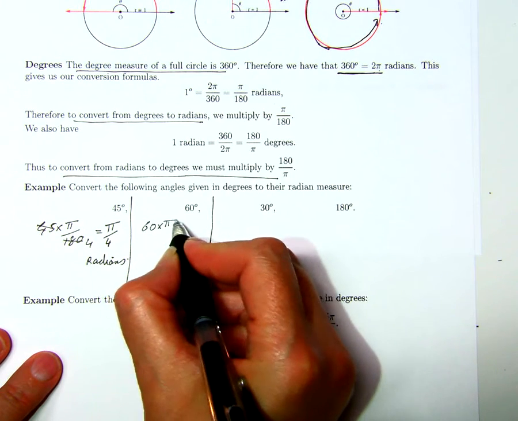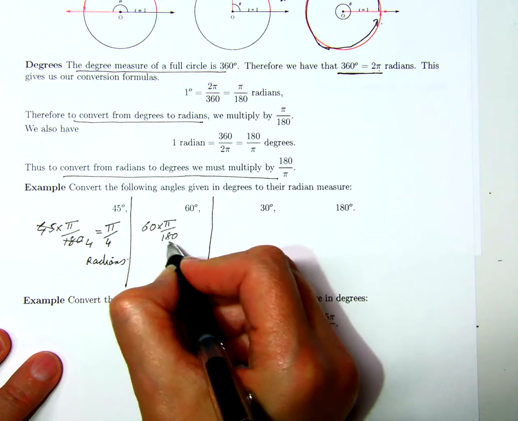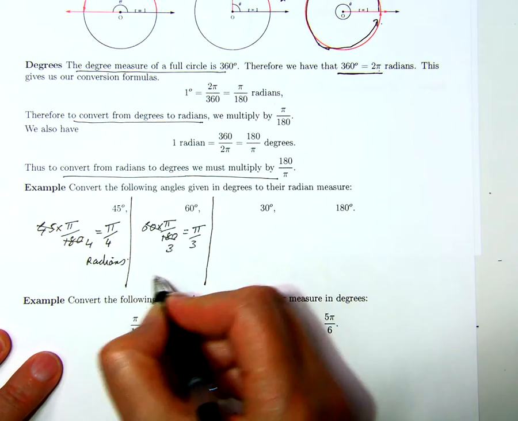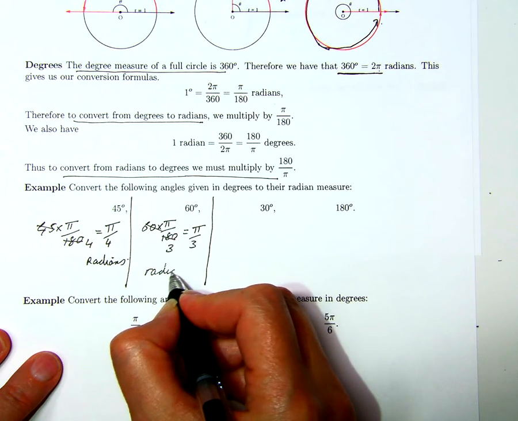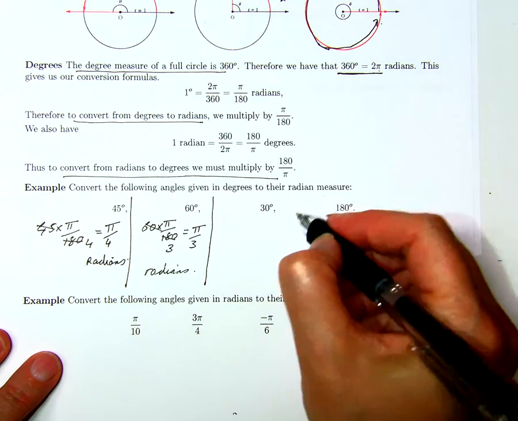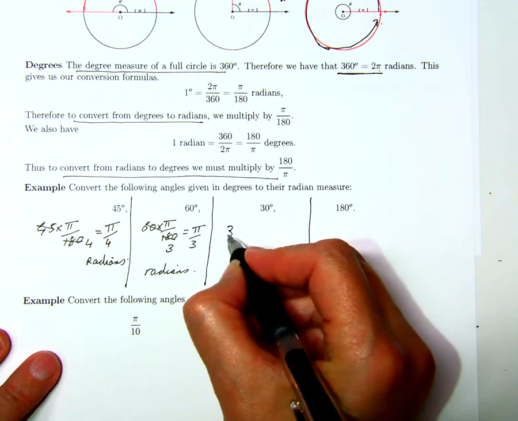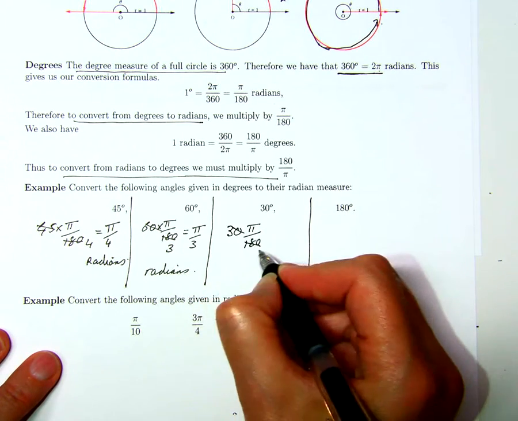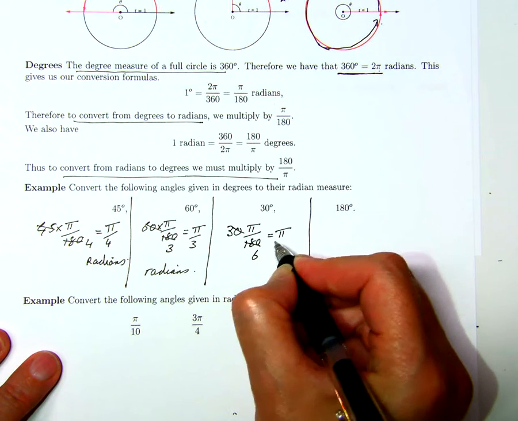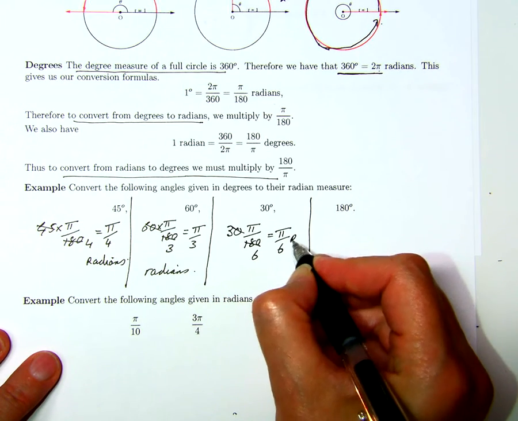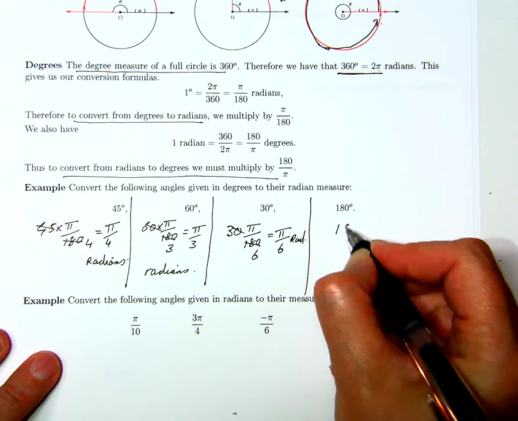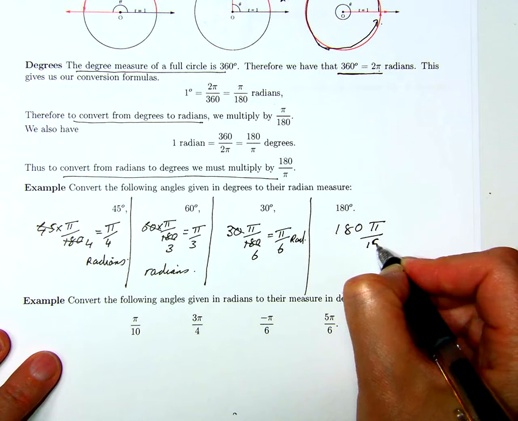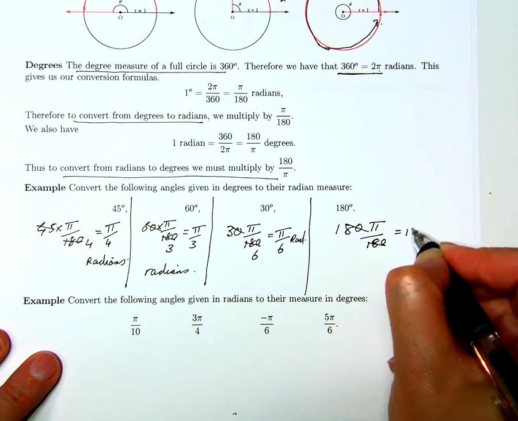Well, we multiply by pi over 180, and that's pi over 3 radians. 30 degrees, 30 times pi over 180, it's pi over 6 radians. And 180 degrees times pi over 180 is just pi radians.